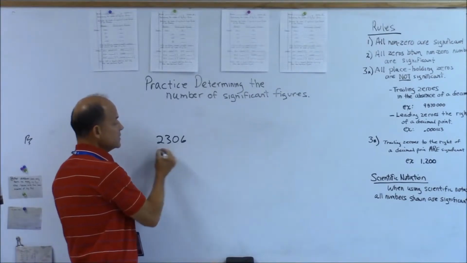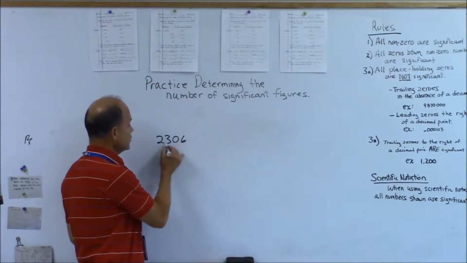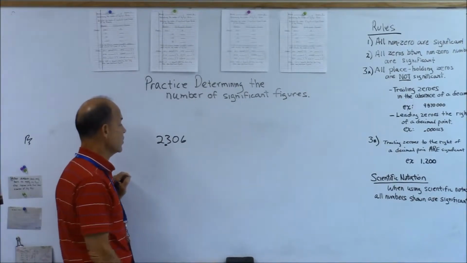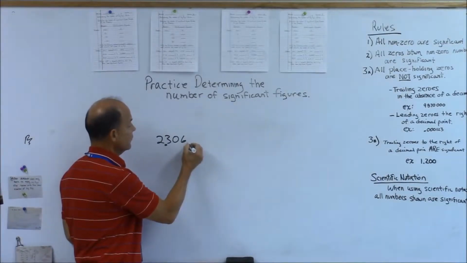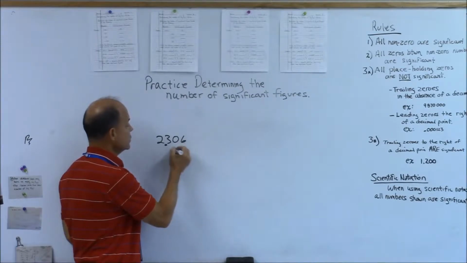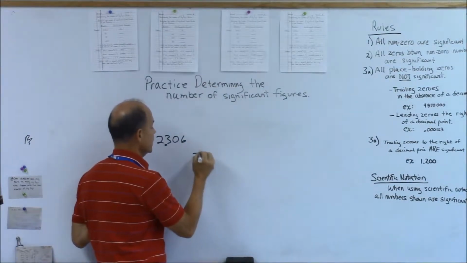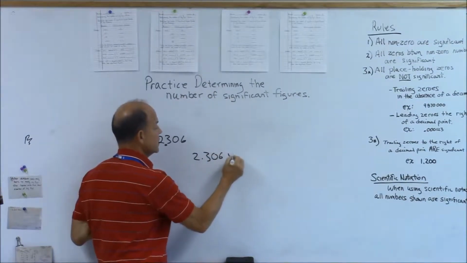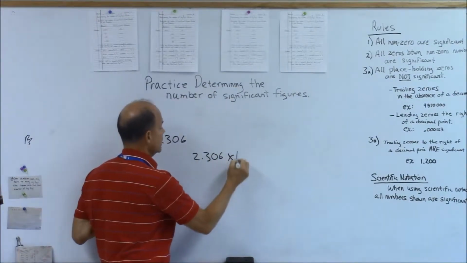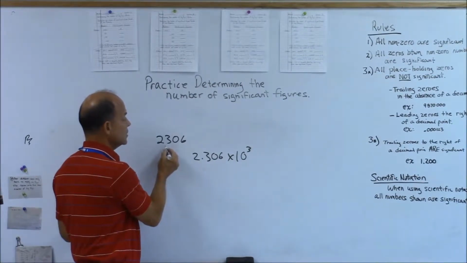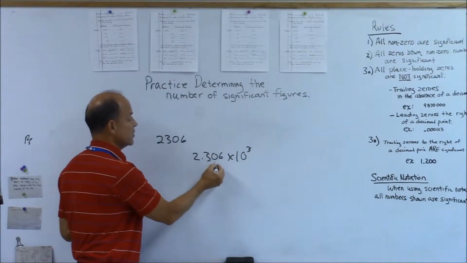If you were to write this in scientific notation, you know that you can only have one number to the left of the decimal point. So that had to come from over here, 1, 2, 3. So you would rewrite this number as 2.306 times 10 to the 3. Okay? So this in standard notation is this number in scientific notation.